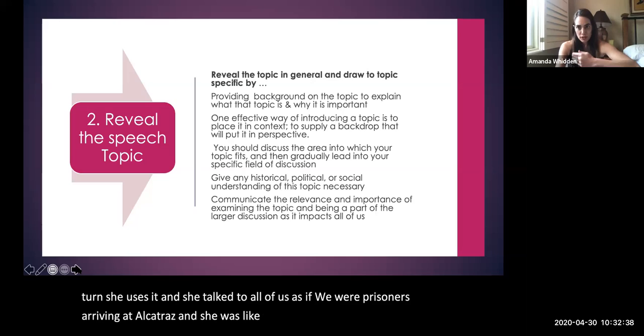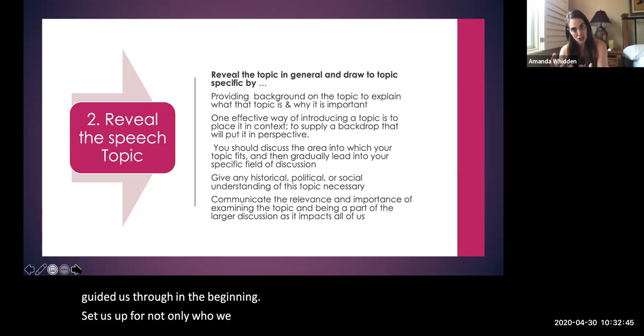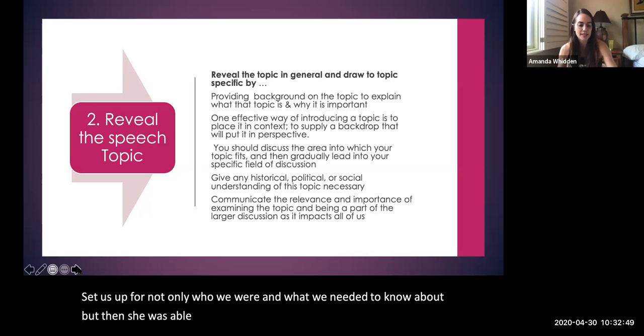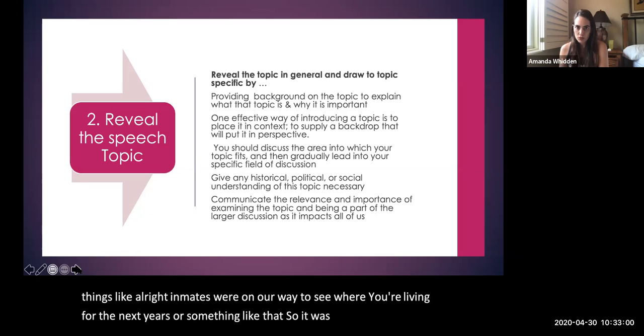So the way that she guided us through in the beginning set us up for not only who we were and what we needed to know about, but then she was able to utilize some fun transitions in between as well. Things like, all right, inmates, we're on our way to see where you're living for the next years or something like that. So it was a really cute and creative way to do so.